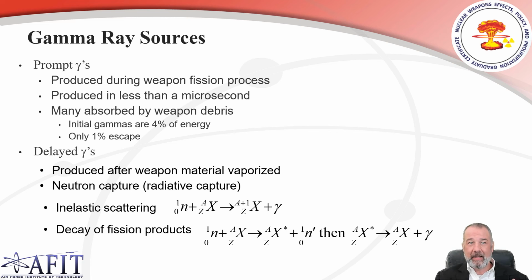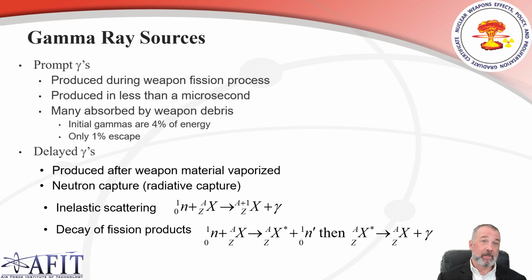Now, we can get another type of gamma ray, which is not the delayed gamma rays from the fission fragments, but something called neutron capture or radiative capture. So remember, we saw that only a certain percentage of the neutrons were going to make it out, of the ones that were available to make it out. And I said that they would interact with things that were already present within what we'll call the debris region of the weapon. Those neutrons can be absorbed and captured by other nuclei.